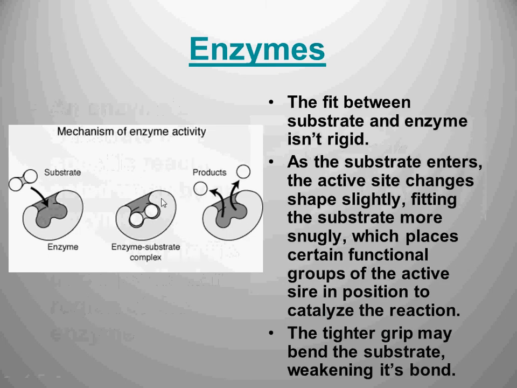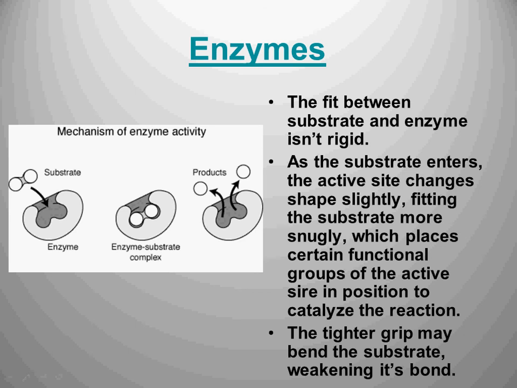So the fit that exists between the substrate and this enzyme is not a rigid fit. Okay, so as a substrate enters, the active site changes its shape slightly to fit the substrate really snug. And this gives a place for a chemical reaction to take place. Alright, so sometimes it can take a complex enzyme or a substrate and break it into two.